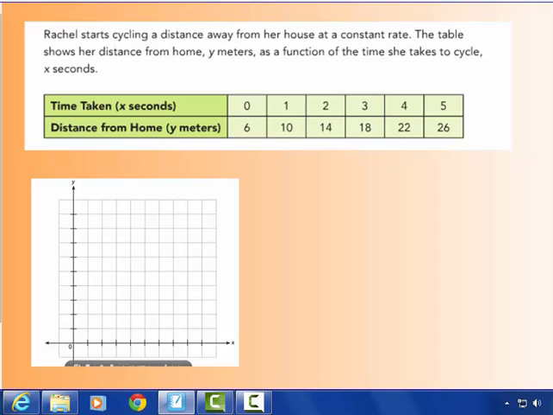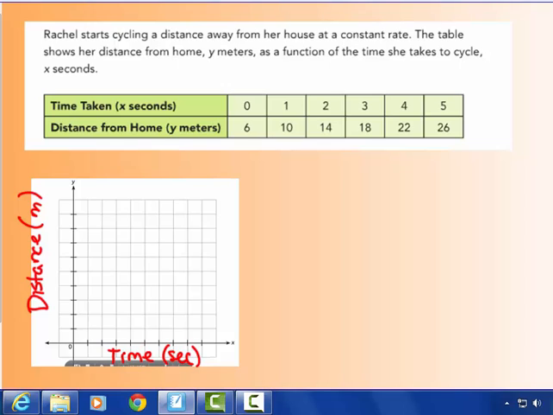So I'm going to take my x values, time, which is in seconds, and label that axis, and distance, which is my y-axis, and label it in meters. My table of values always gives me the interval that I'm going to count by.